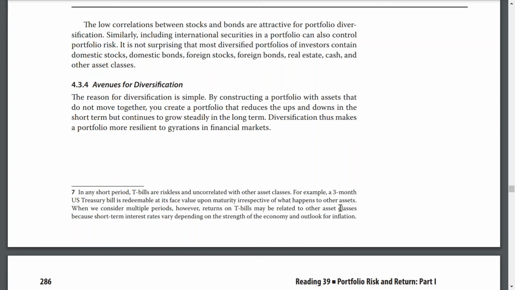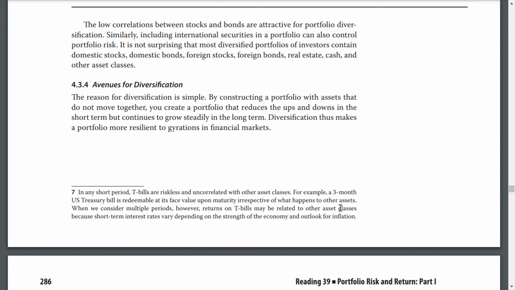Similarly, including international securities in a portfolio can also control portfolio risk. It is not surprising that most diversified portfolios of investors contain domestic stocks, domestic bonds, foreign stocks, foreign bonds, real estate, cash, and other asset classes. Avenues for diversification.